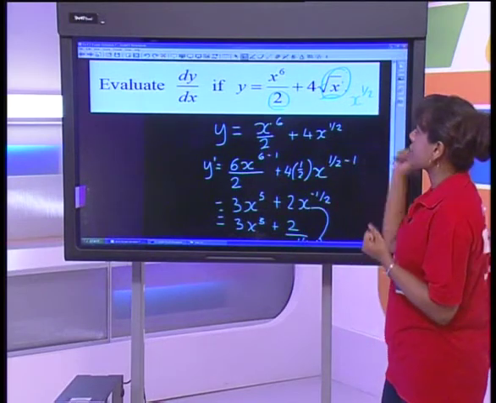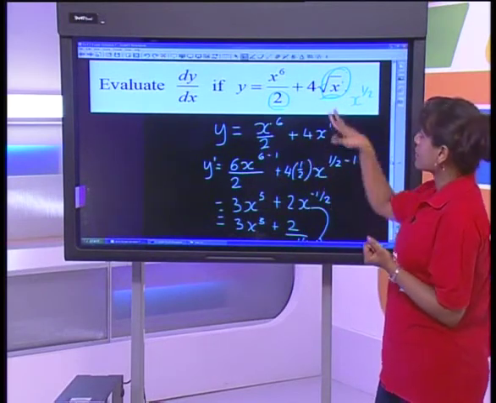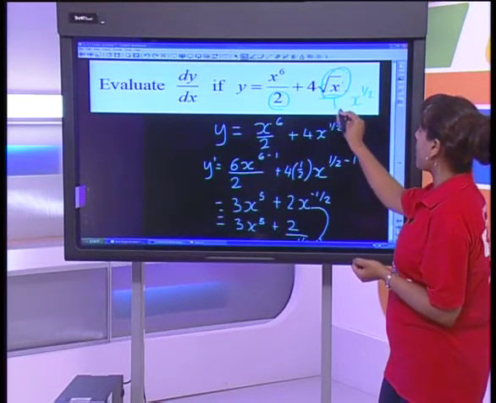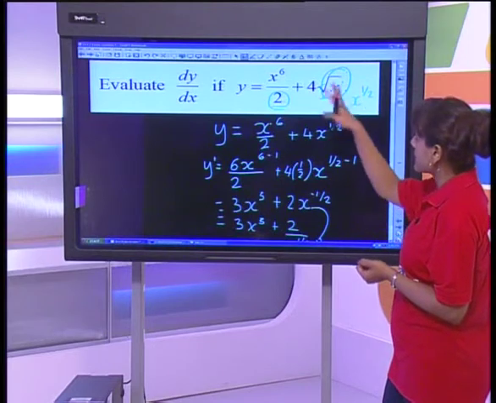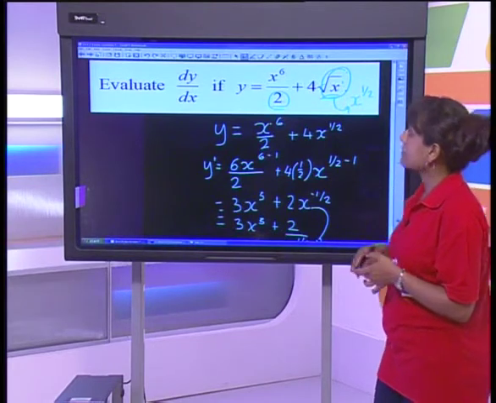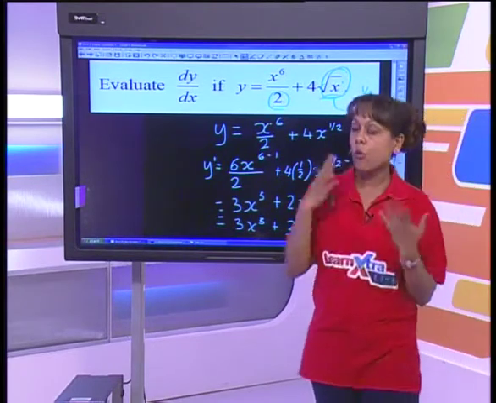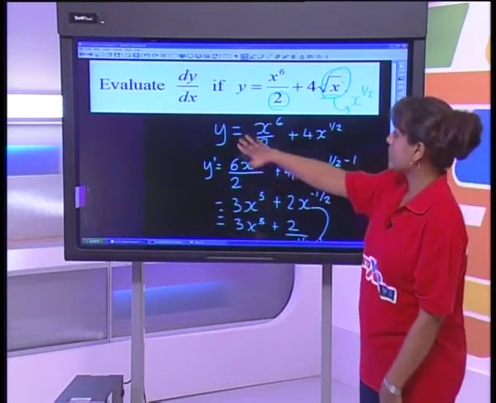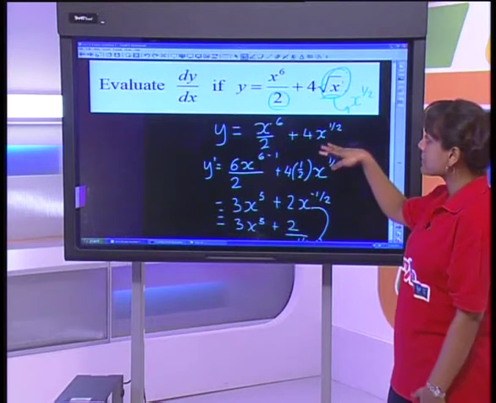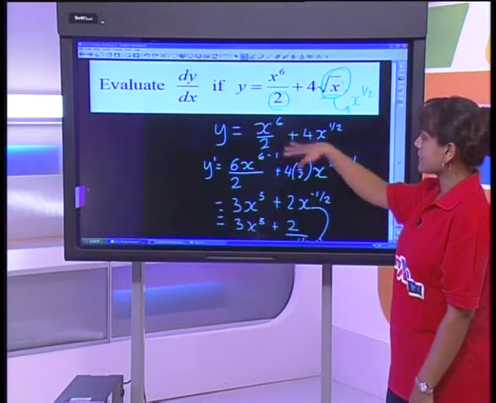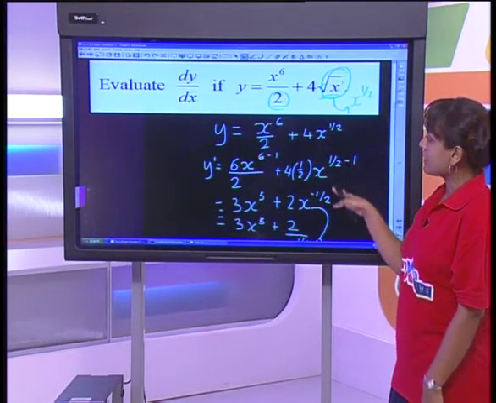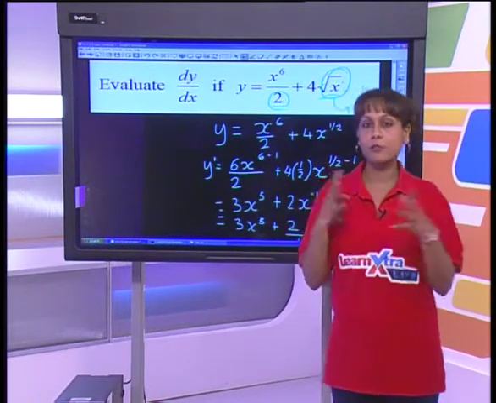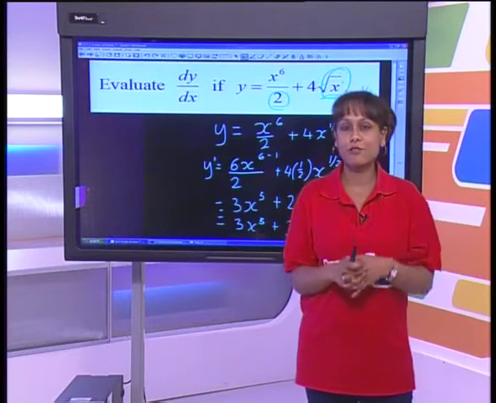So in this question, the only little trick here was to change root of x to x to the power of a half. Okay, and remember we did that by using the laws of exponents. Once we wrote x as x to the power of a half, we got to a stage where we've just got separate terms. Once we've got single terms like these, we were then able to derive by rule. Okay, so the big clue there, have single terms so that you can derive.